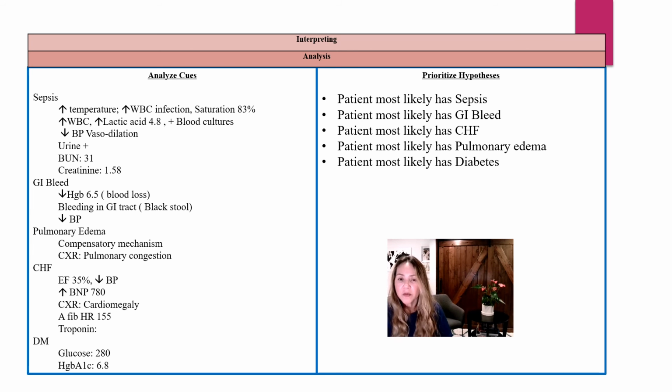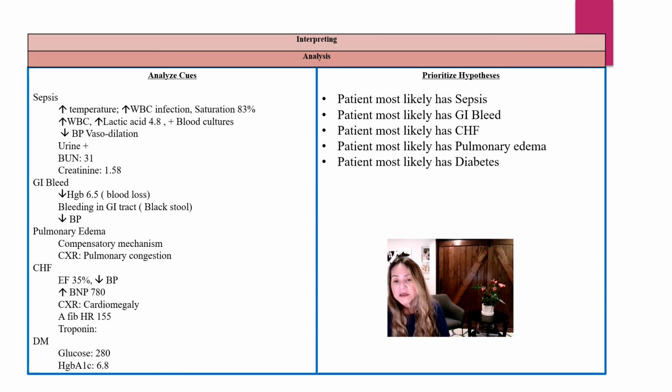He has really low BP, which we are talking about vasodilation. That is what happens in sepsis, with a very complex pathophysiology. Saturation is low, urine is positive, and we also add abnormal BUN and creatinine, because in sepsis you're going to have acute renal failure most of the time, and organ failure.